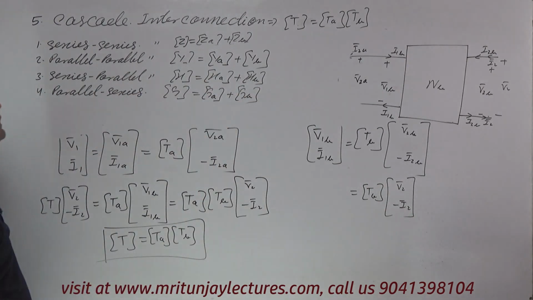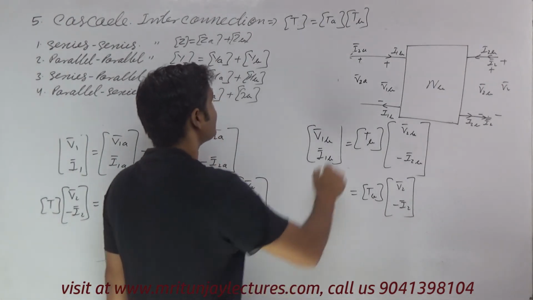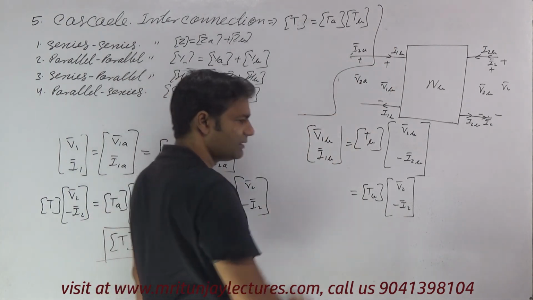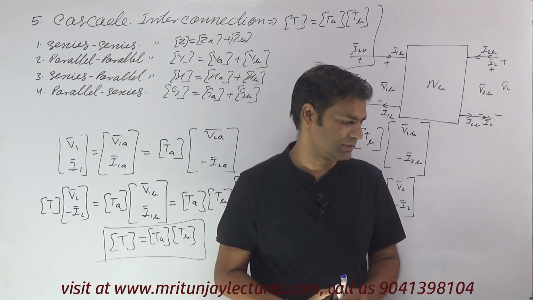Okay. And last one, cascade connection. So if you get any of the 5 types of connection, then apply the direct formula and we get the answer.